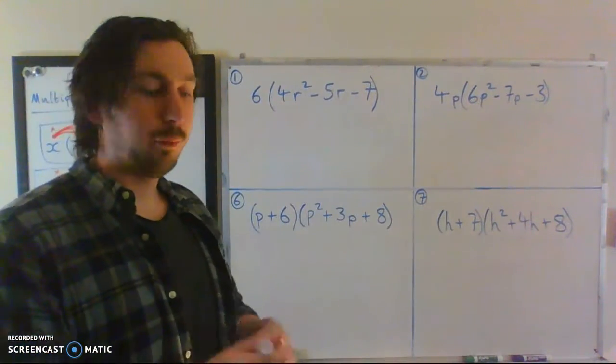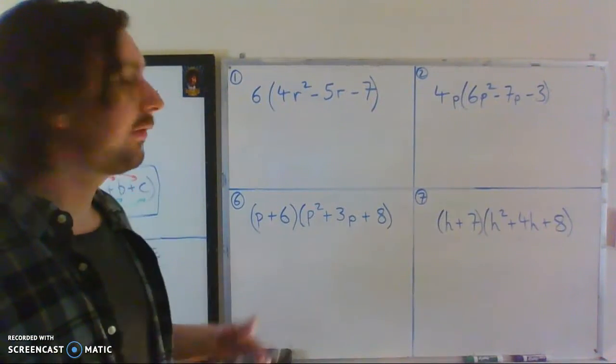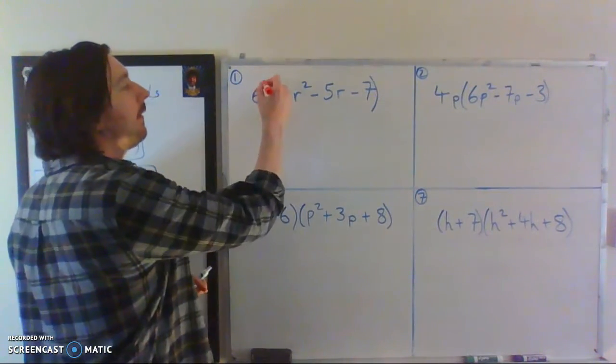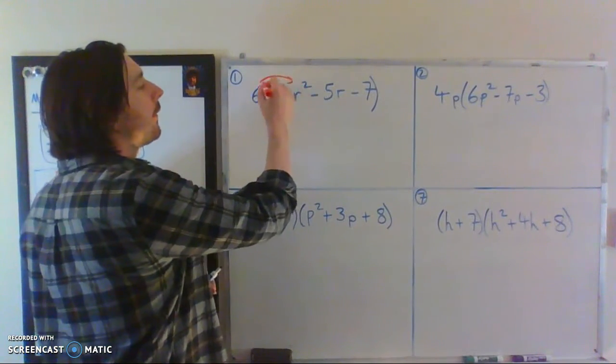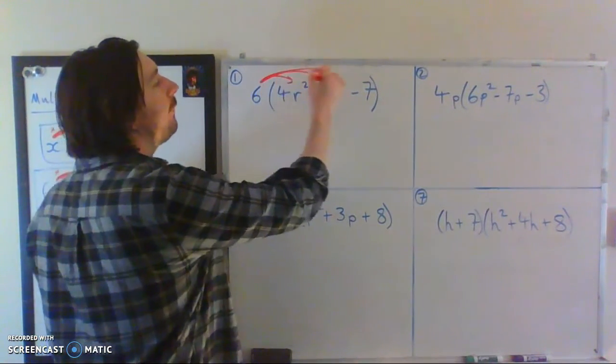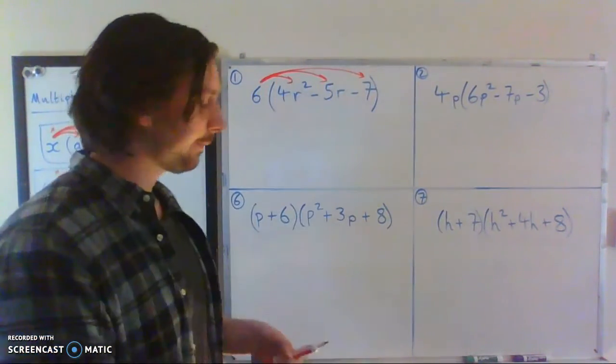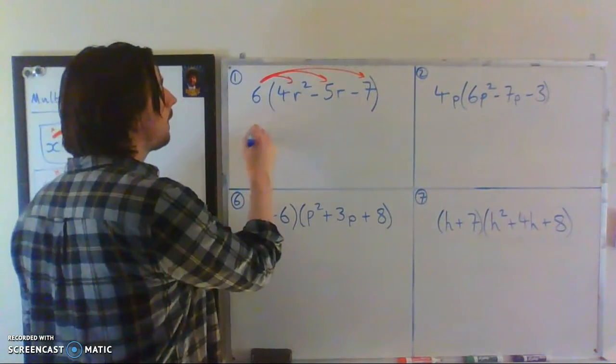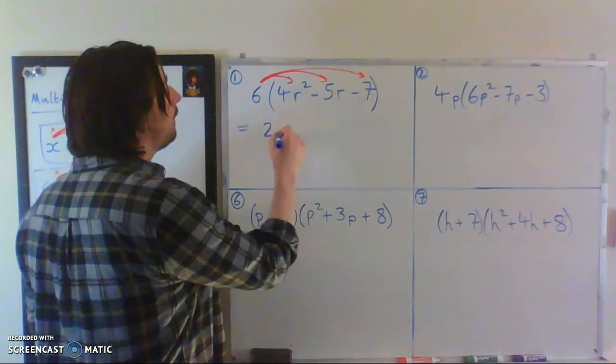So we've done this before. This is just distributing. I just take what's in front, which is the 6, and I multiply it on everything afterwards. Right? So 6 times 4 is 24.